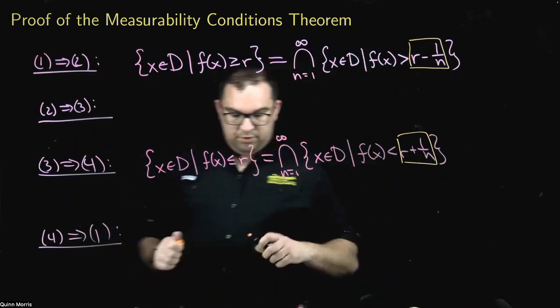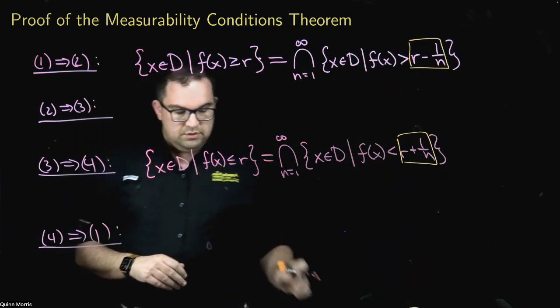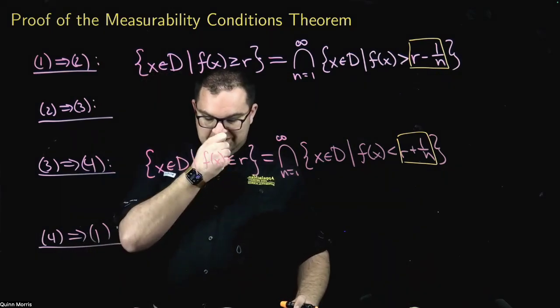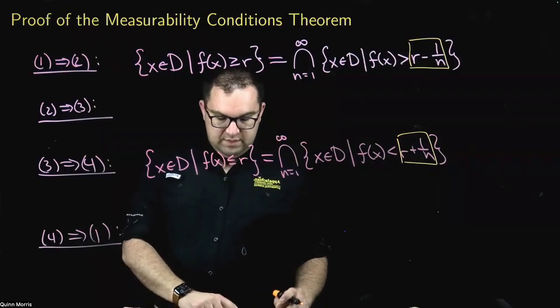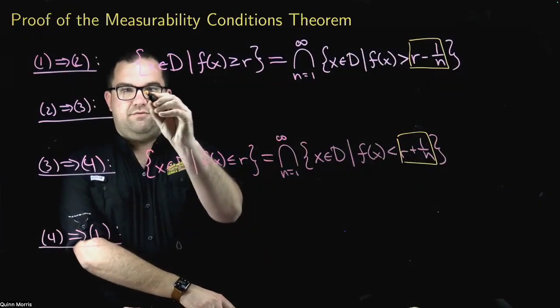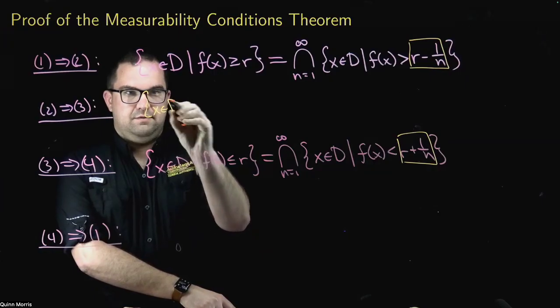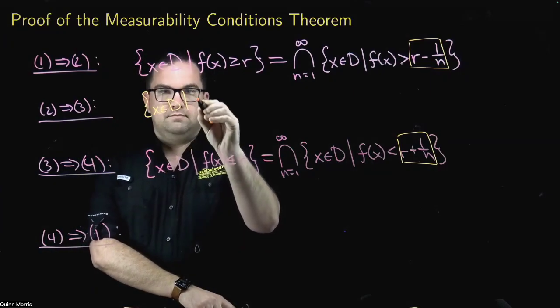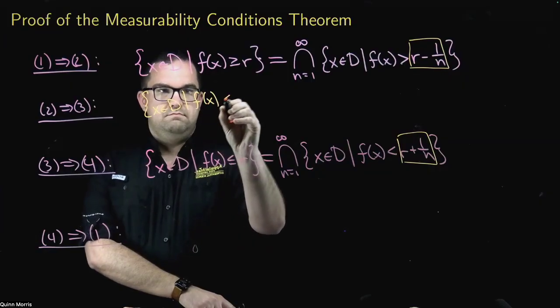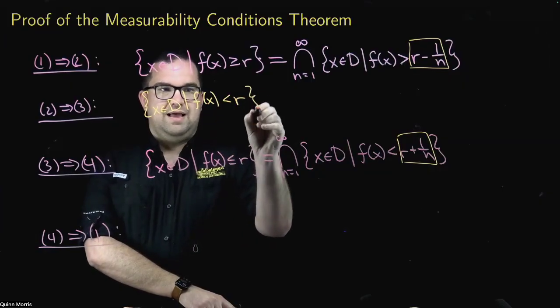And I think they're a bit simpler because you can actually just use sort of a trick here. So if I want to show that 2 implies 3, right, then I want to show that the set of all x in D such that f of x is less than r.